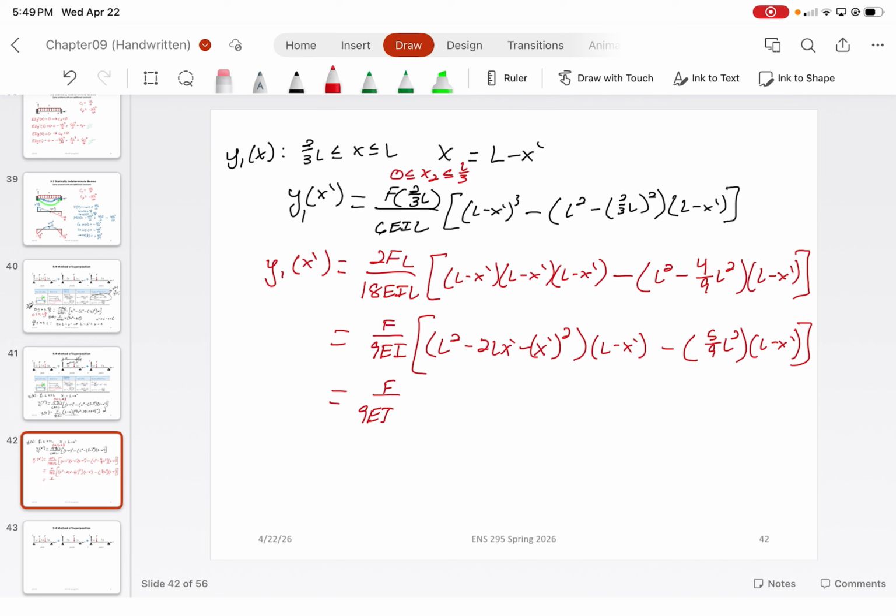F over 9 EI. We've got L cubed minus L squared x prime minus 2L squared x prime plus 2L x prime squared minus L x prime squared plus x prime cubed minus 5 over 9 L cubed minus or plus 5 over 9 L squared x prime.